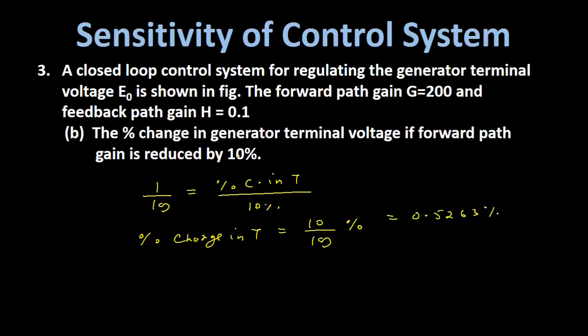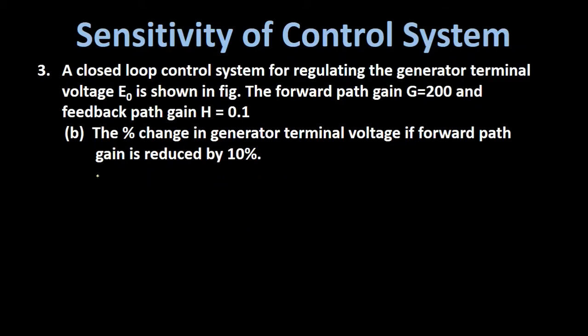Now in this question we have to find out the percentage change in the generator terminal voltage, that is output voltage. From the block diagram of closed loop control system, we can see that the overall transfer function T is equal to output voltage E0, which is called the generator terminal voltage, divided by reference voltage ER. So from this equation, the overall transfer function T is directly proportional to output voltage E0, that is generator terminal voltage.